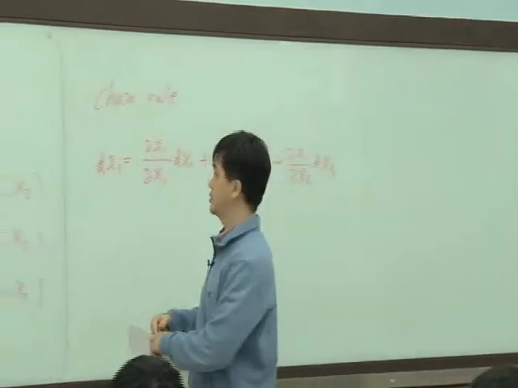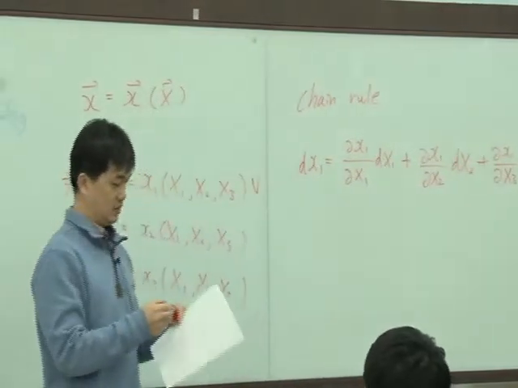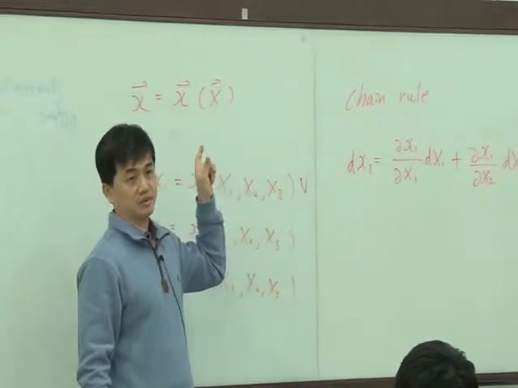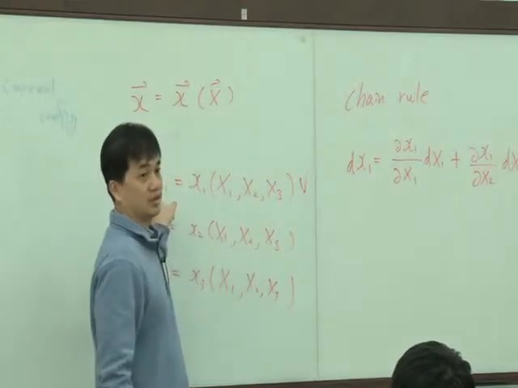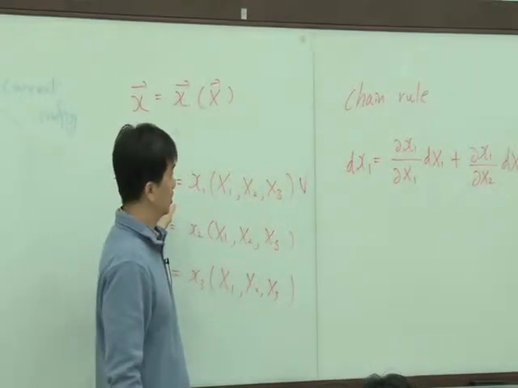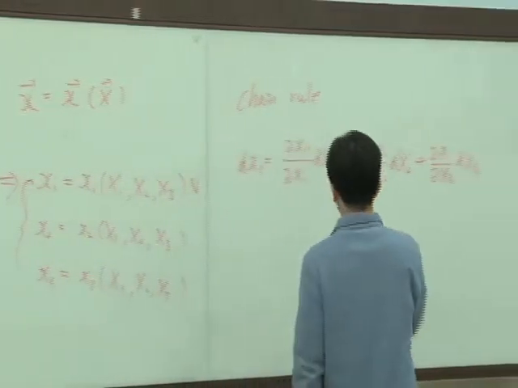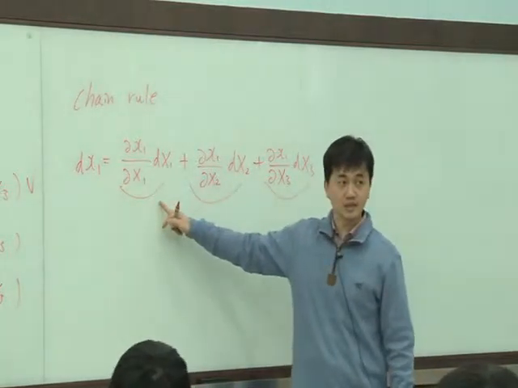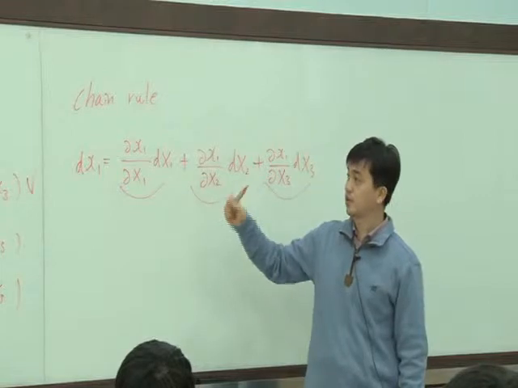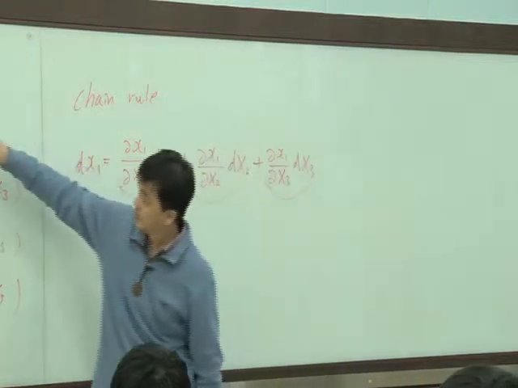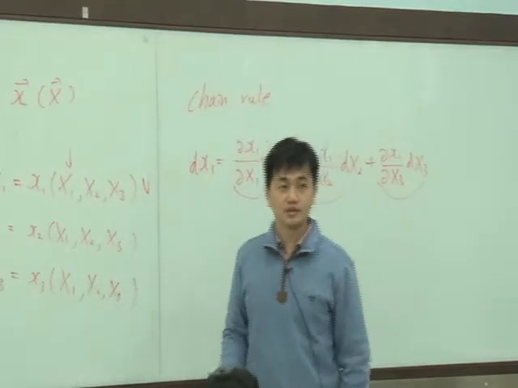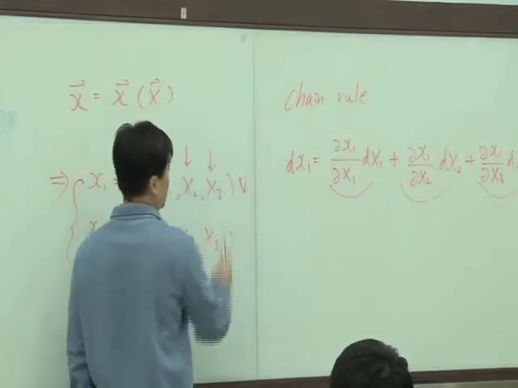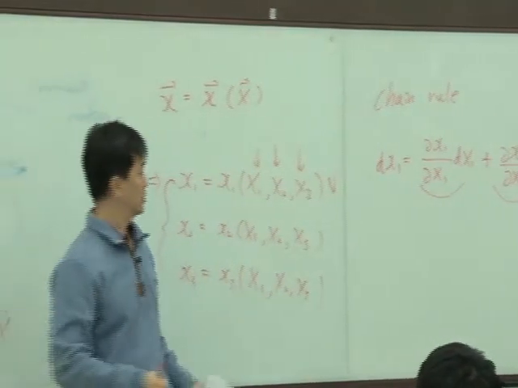Here, let's look at the first equation. dx1 means a small difference in x1, which can be calculated by these three parts. The first part is the small difference due to uppercase X1, the second part corresponds to this one, and the third part to this one. This is a very well-known chain rule.